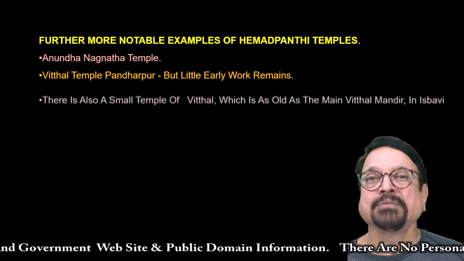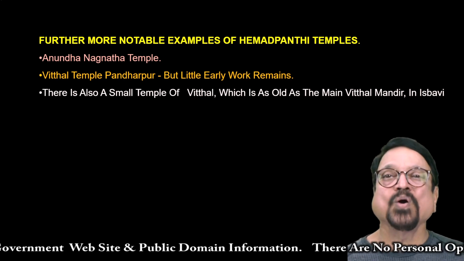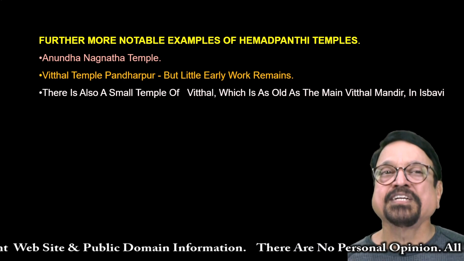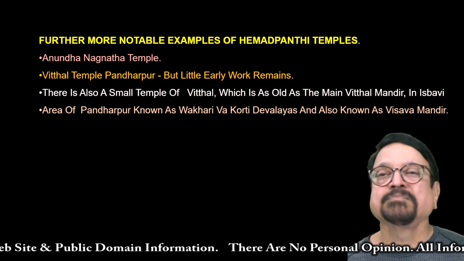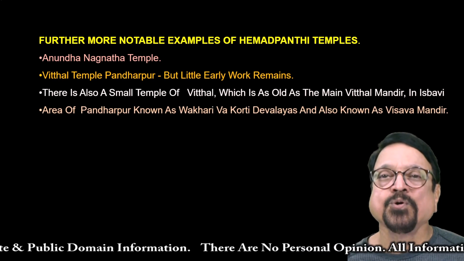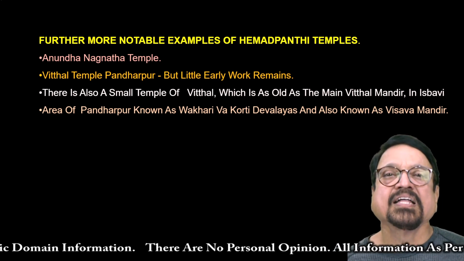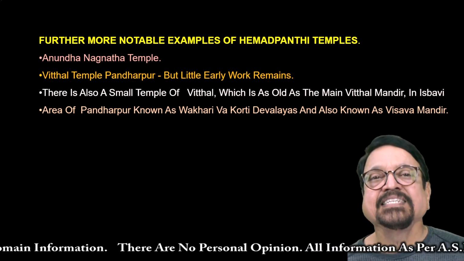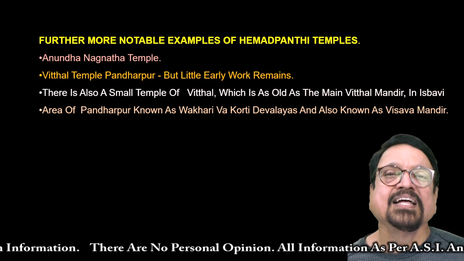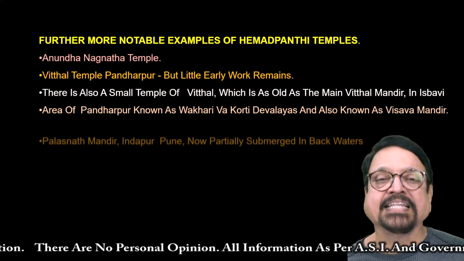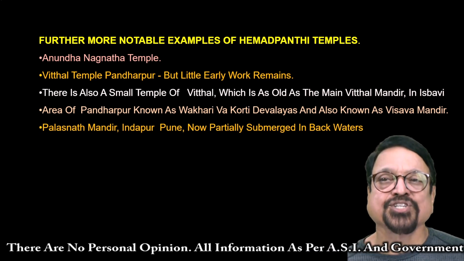It is at Pandharpur. There is also a small temple of Vithala, the old remains of Vitthal Mandir in the Wakhari area of Pandharpur, that is Wakhari Koti Devalaya, also known as Visawa Mandir. So they are all in Maharashtra.